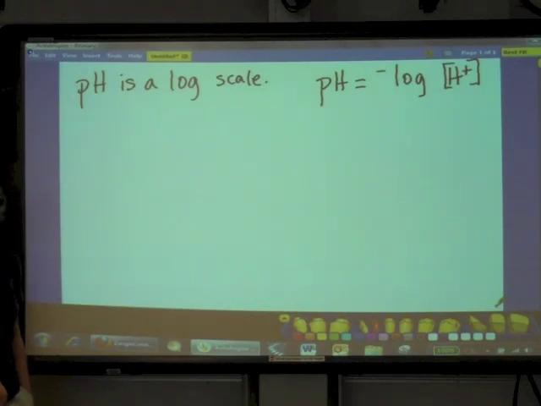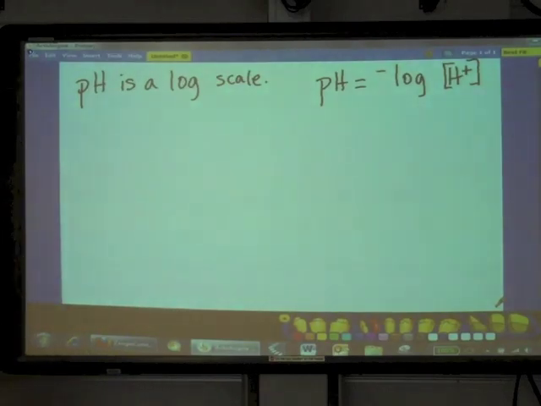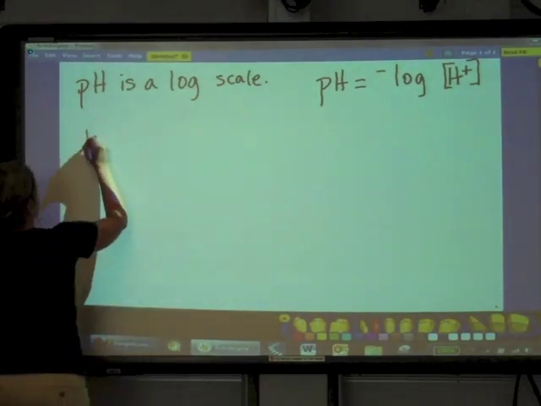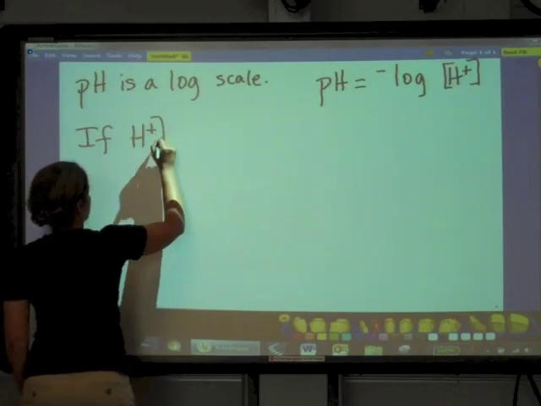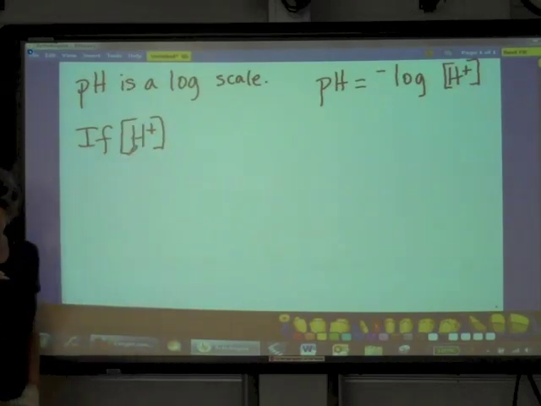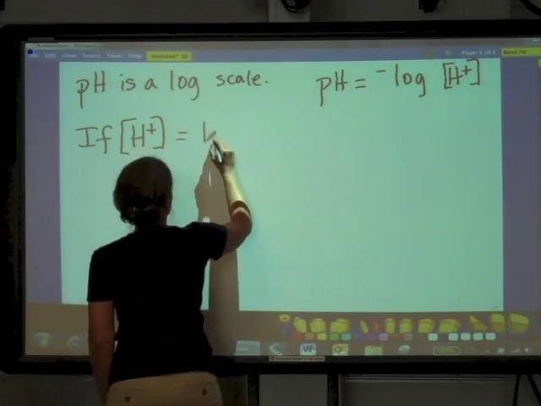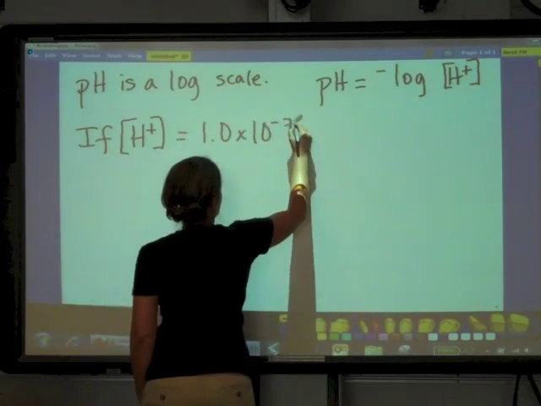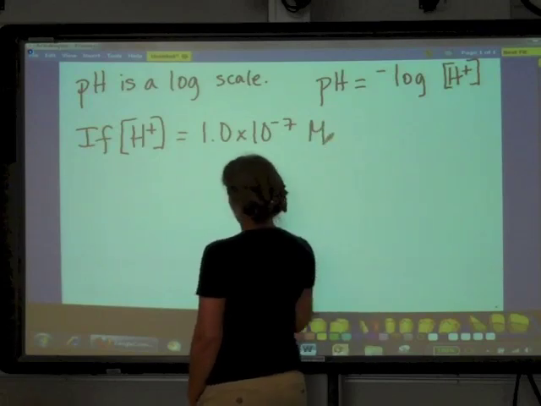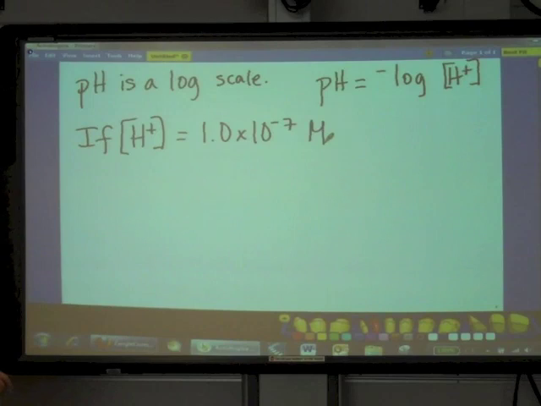And so, if I was you, I would take out your calculator right now. So if the hydrogen ion concentration of a particular solution is equal to 1.0 times 10 to the minus 7th molar, what is the pH of that?